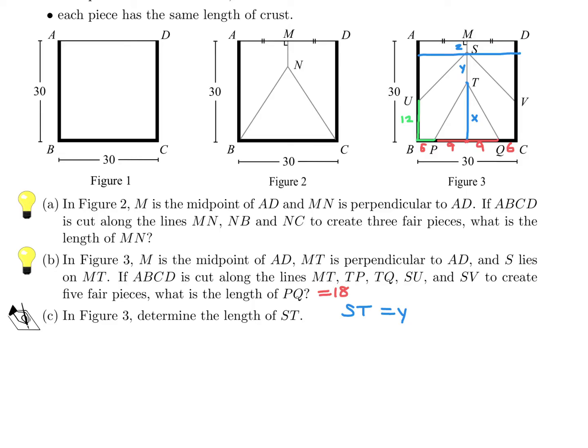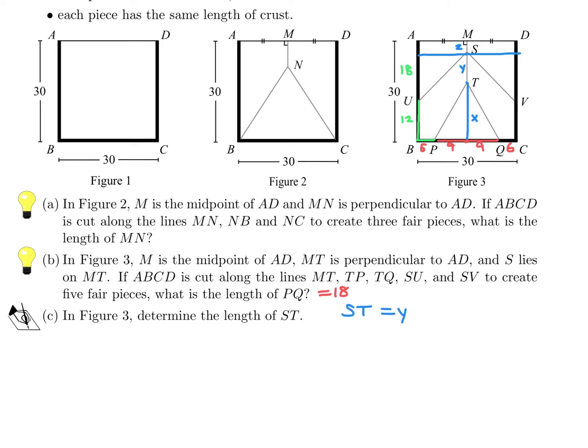And if that's 12, then from U to A will be 18, since the total is 30. Okay, so that is very, very helpful. So now I can figure this out. That shape basically took the entire square and broke it up into 1, 2, 3, 4, 5 pieces. Well, I've drawn some blue lines in, but if you didn't look at those blue lines, it was 5 pieces.